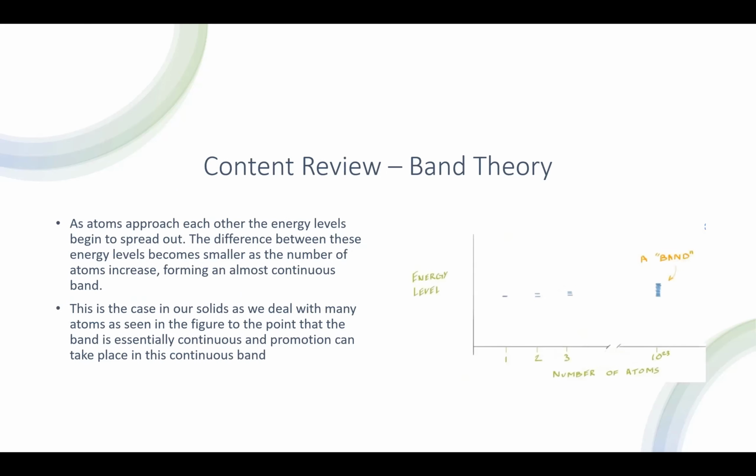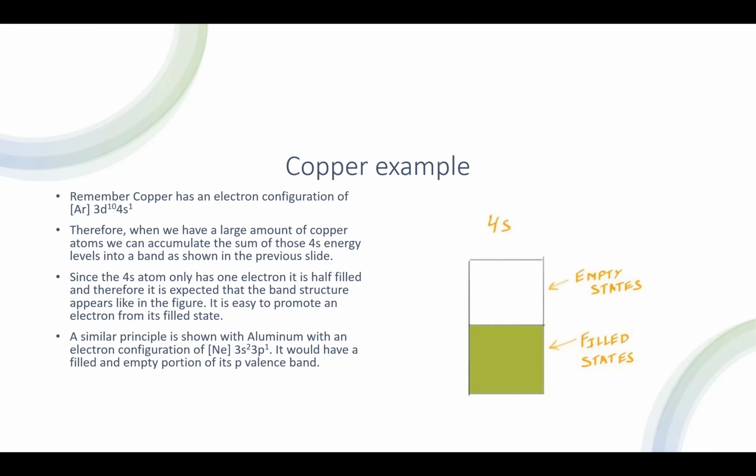Since the 4s has only one electron, it is half filled, and therefore it is expected that the band structure appears like this figure, where we have a half filled state. It is easy to promote an electron from its filled state. A similar principle is shown in aluminum, with an electron configuration of neon 3s2 3p1, which would have a filled and empty portion of its valence band.